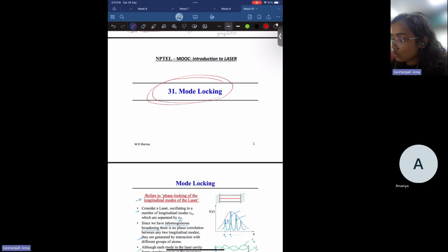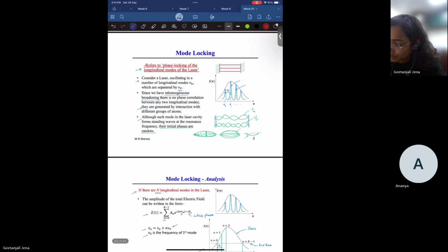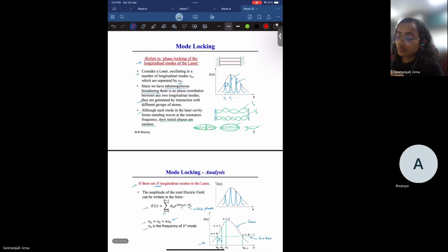So till now, do you have any doubt in any of the parts? Okay, so let us see what is mode locking.